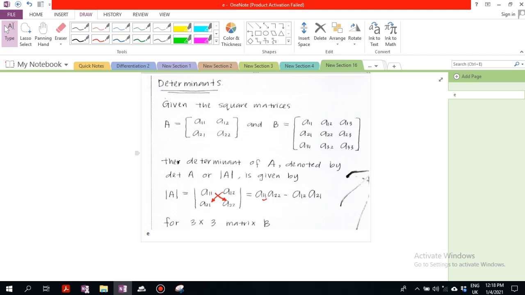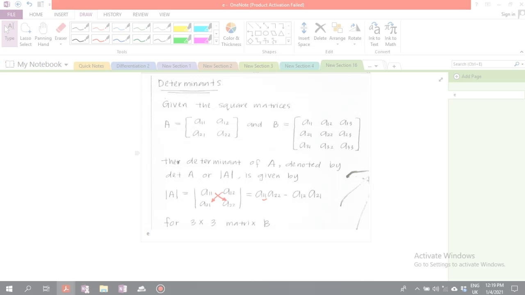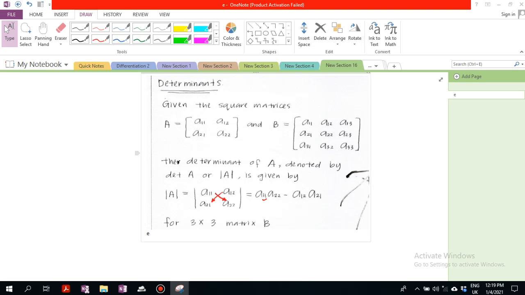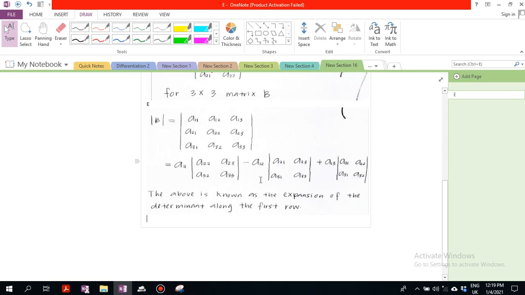Meanwhile, for the determinant of 3 times 3, the concept or the formula is, first you take A11.